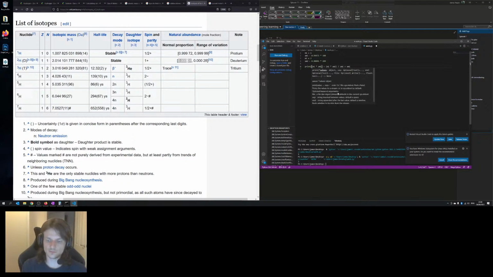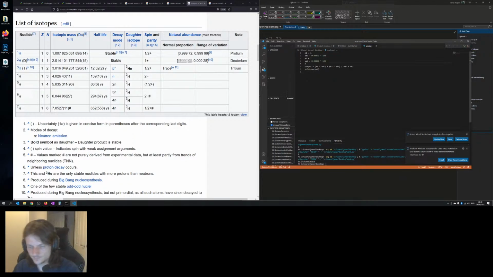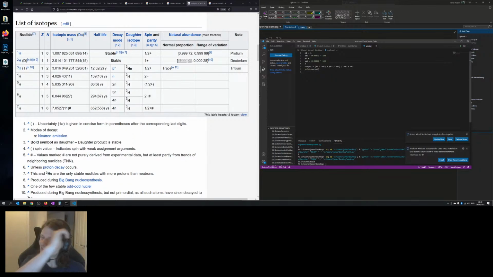Print, oh, well, output equals that, print output. Let's go. That didn't work.